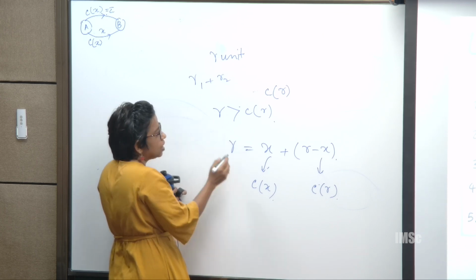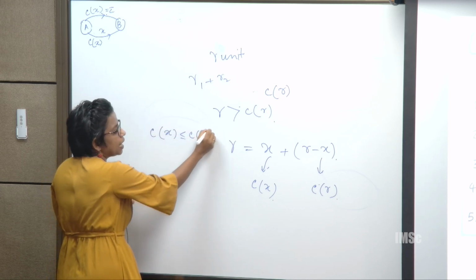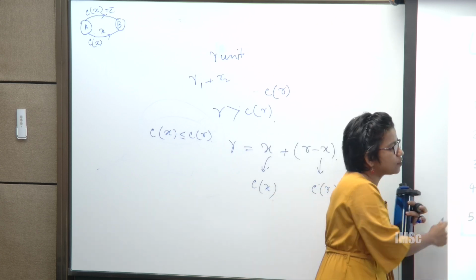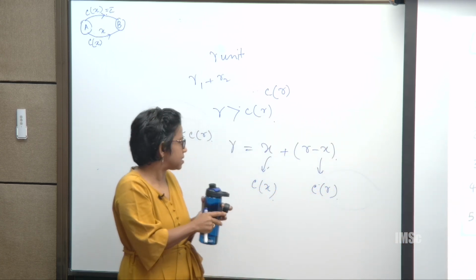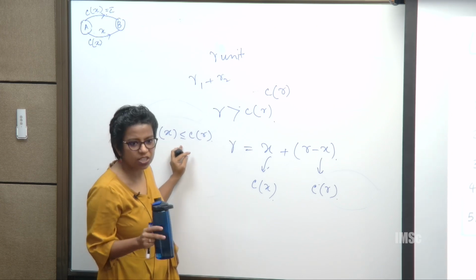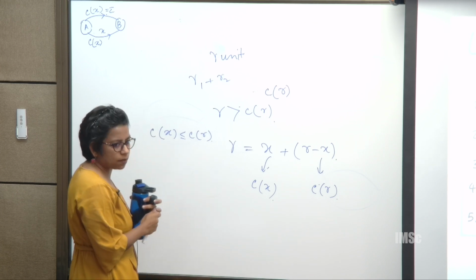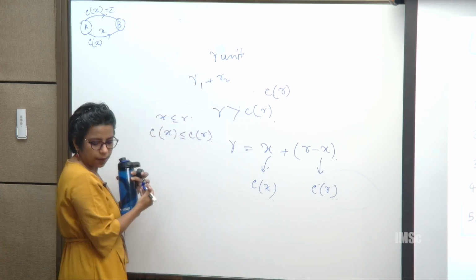Then it would be clear. The cost function is a non-decreasing function. I did not write it here, but yes, it is non-decreasing. So this always holds, because x is always less than or equal to r for this particular part of the discussion.